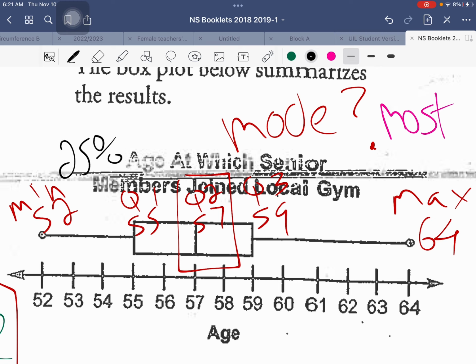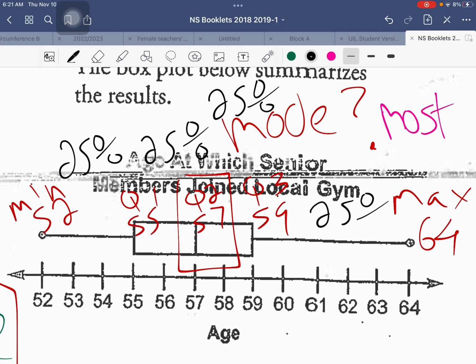From Q1 to Q2, another 25. From Q2 to Q3, another 25. And from Q3 to the max is 25%. All of it equals 100%.